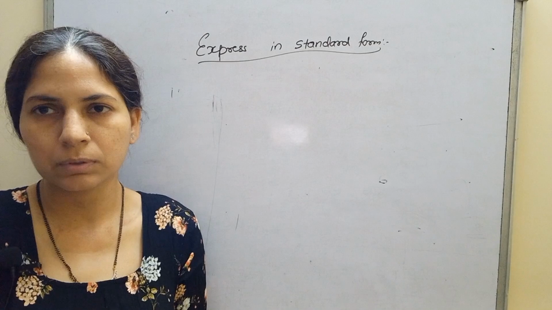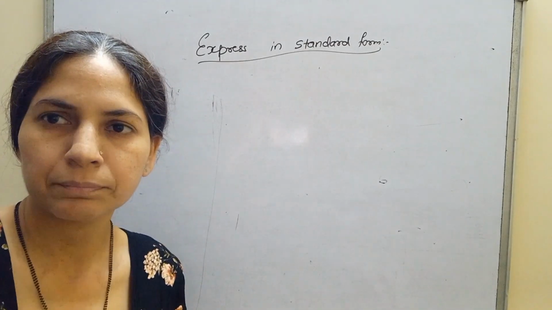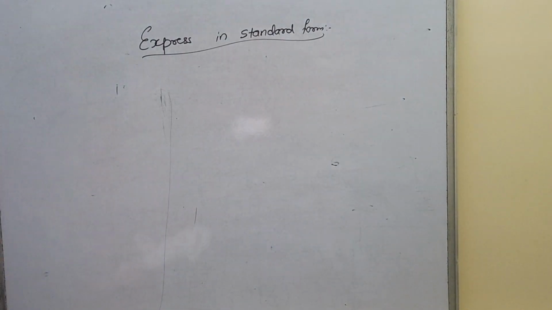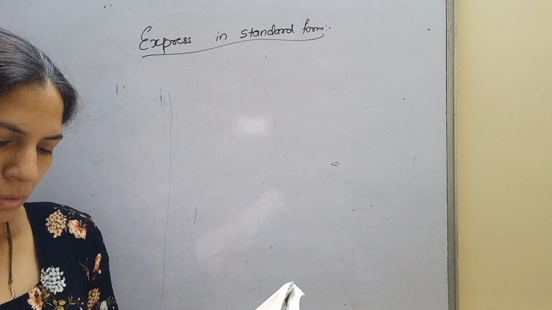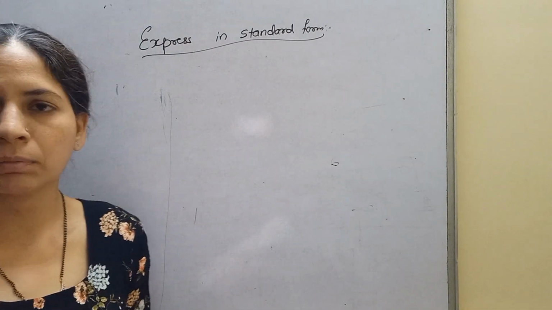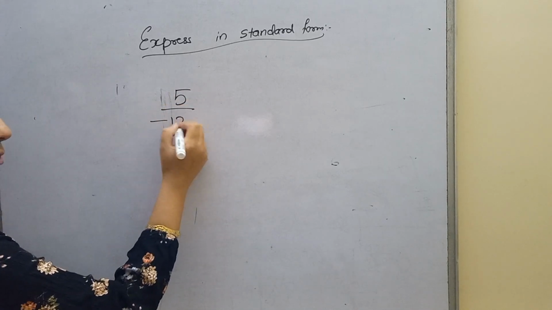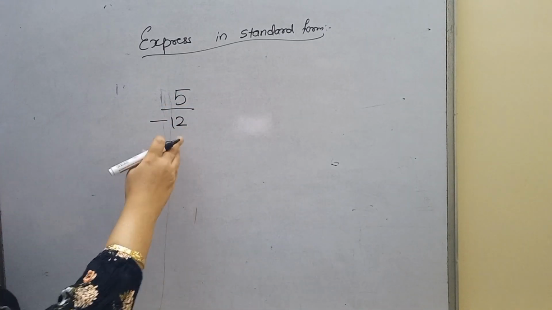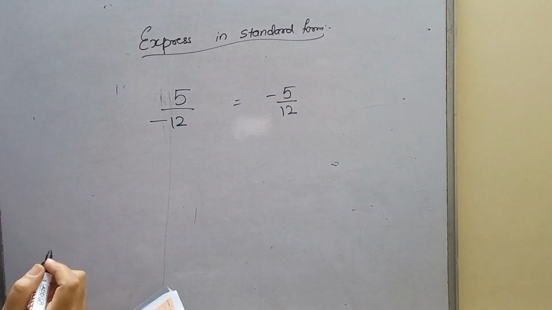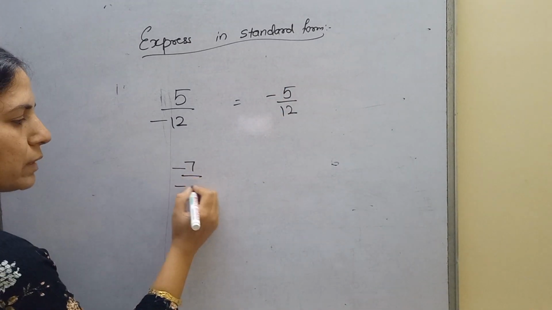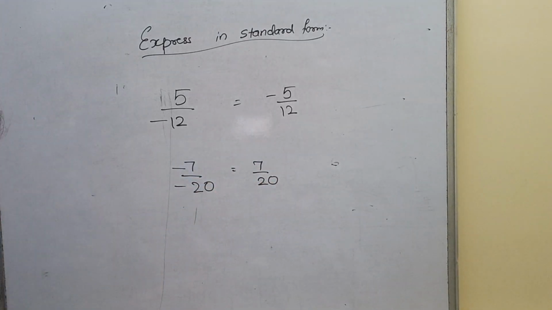If you have both the minus signs, numerator as well as denominator, you have to check if the minus is in the denominator. For example, here it is given like this. This is not standard form. Standard form is like this, okay. Next, if you have something like minus 7 upon minus 20, it will become 7 upon 20, okay.